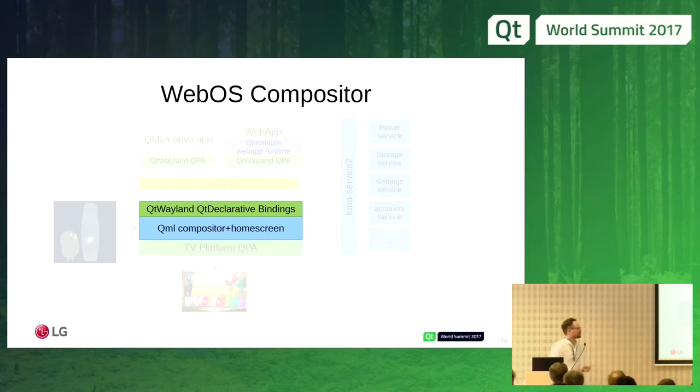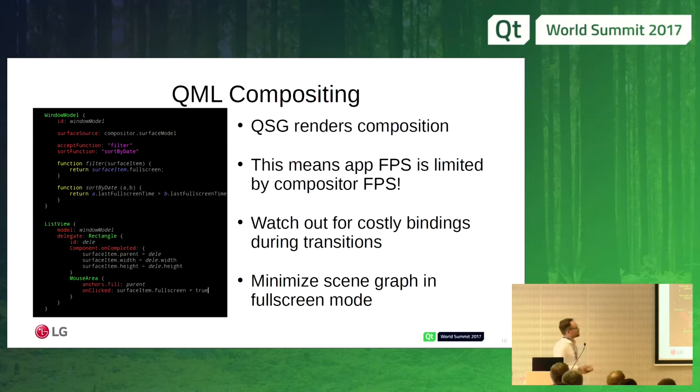Now let's look at what it looks like from a code point of view inside the compositor. So I mentioned that the Wayland objects just look like QQuick items, right? So what does that actually look like? Here's a little example code snippet. What we did is the compositor exposes a surface model which implements the abstract item model, so it can be used in any view that you might want to use. And what we also have is what we call a window model, and it allows you to specify a filter function and a sort function.